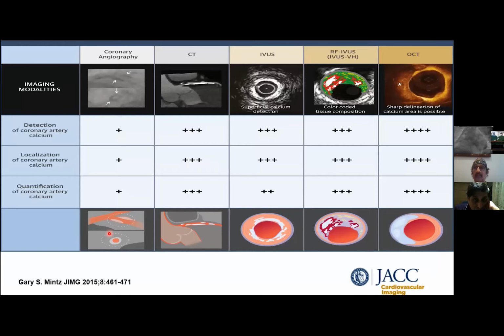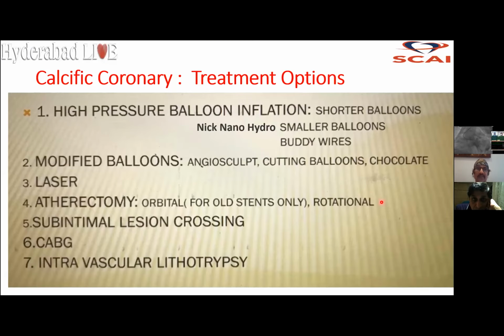So this is how the imaging comparison would go: conventional angiogram, very poor for calcification; CT, far more informative; IVUS, including the virtual histology, giving you a lot more information about the quality of plaque. And of course, OCT is master of all, showing you calcification very adequately.